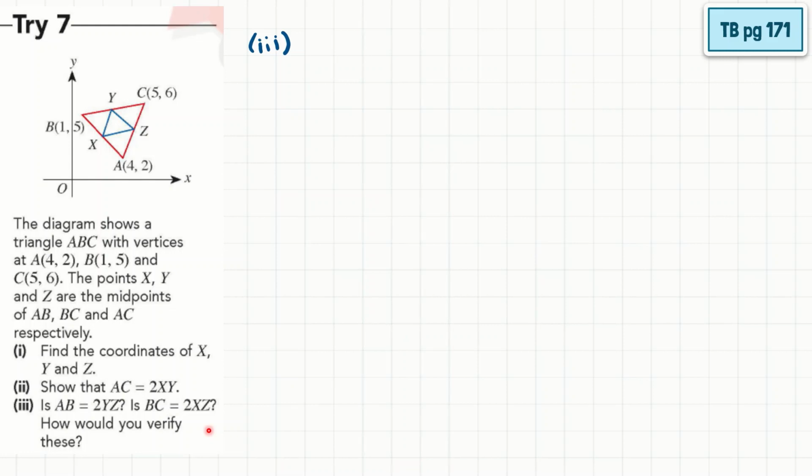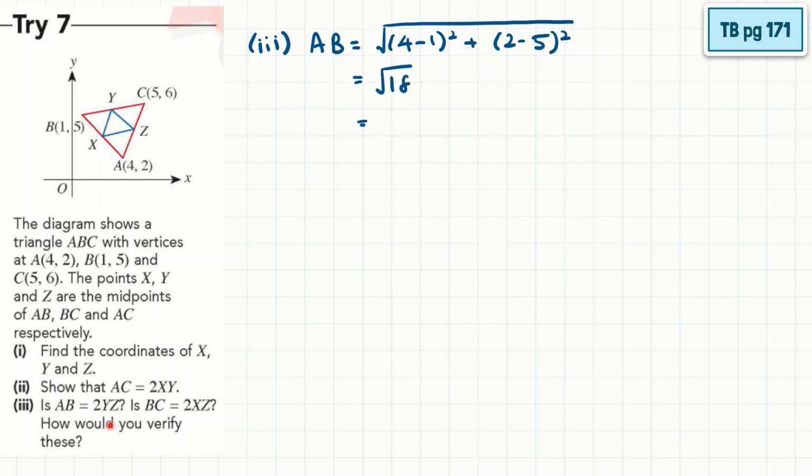So to first verify AB equals 2YZ, we will individually find the value of the line segment AB, which gives us square root 18, which we know is actually 9 times 2. So in simplifying this surd, it will give us 3 square root 2.